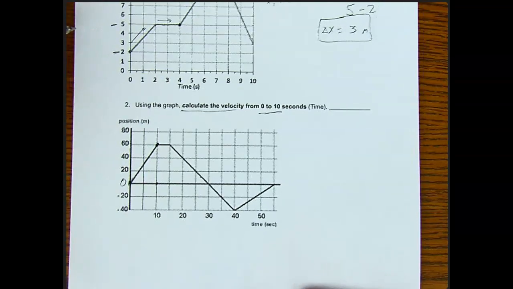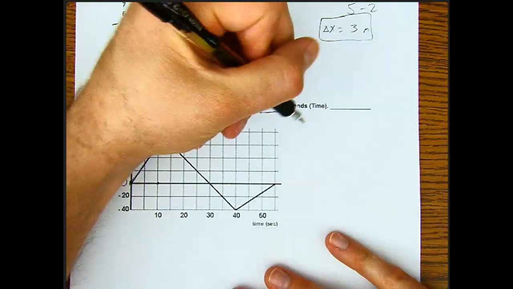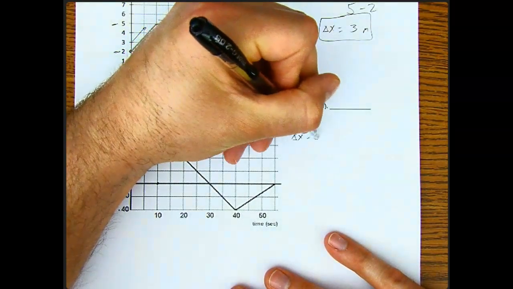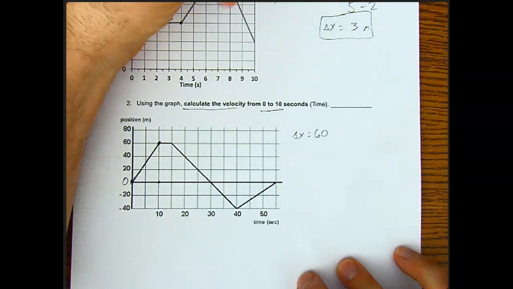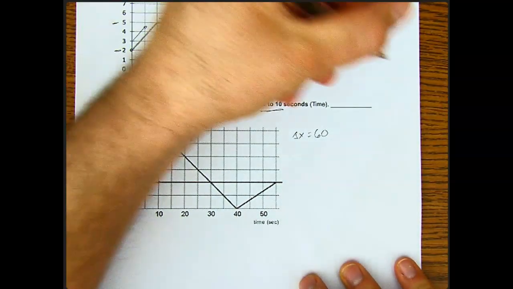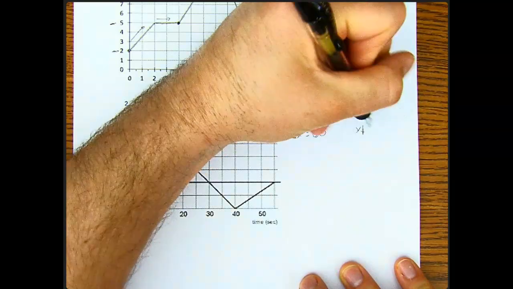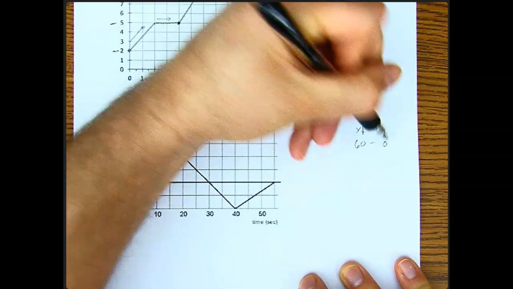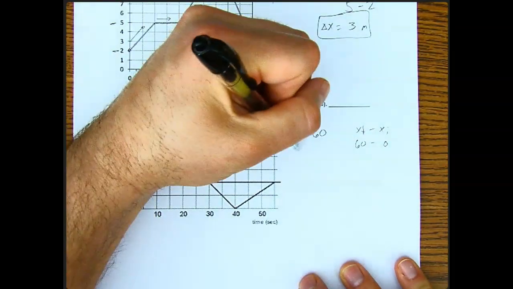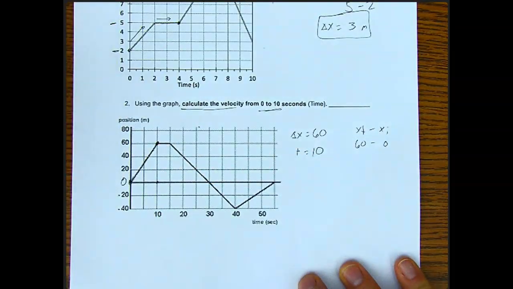Right off the bat, one shortcut here is to say my displacement is 60. And if you weren't sure how to calculate that, again, it's final position minus initial position. My final position minus my initial position is 60 minus 0, so that's just 60. I know my time is 10.